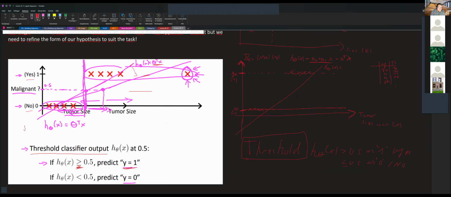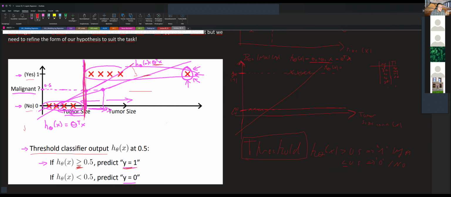Although the actual idea is this one, where we say this is the size where it kind of goes from no to yes, right? But our regression will have many problems.